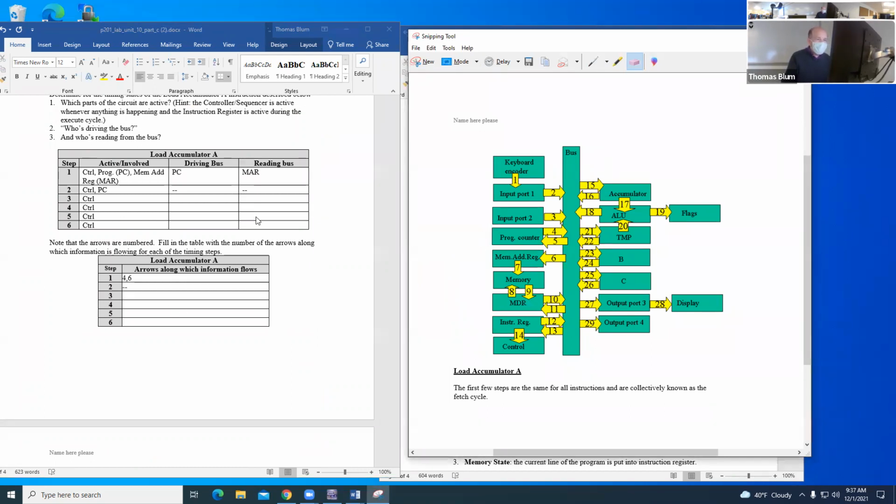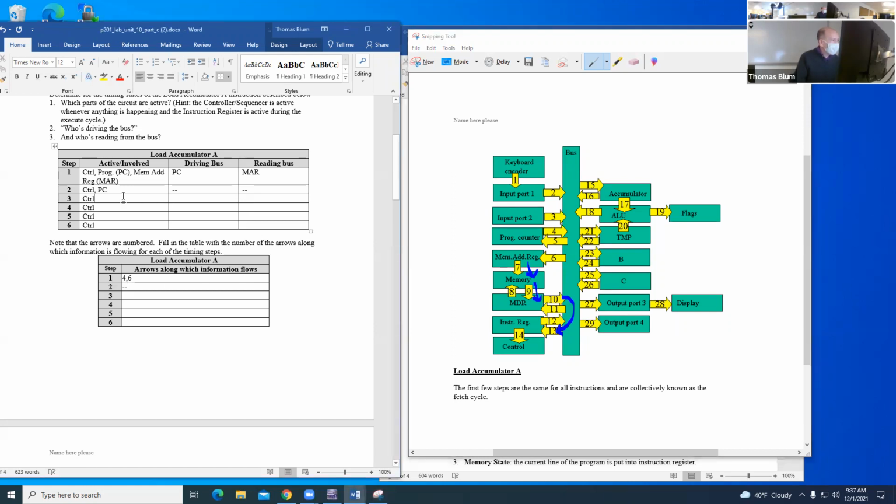Okay, step 3 was to move the line of code, which is in memory, into the instruction register. So 7 tells us the address of the data, which is an instruction, and then it moves from memory to the memory data register, and then out onto the bus and into the instruction register.